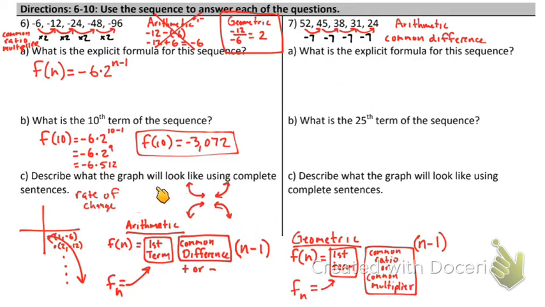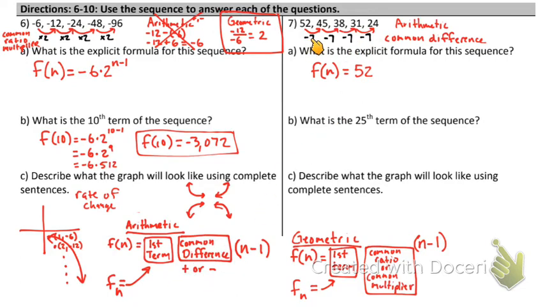But now we're going to use the arithmetic formula. So let's start that. It's going to be f of n equal to, and our first term is 52, so I'm going to put 52 here. And then we're going to put our common difference, the number that I'm adding or subtracting.